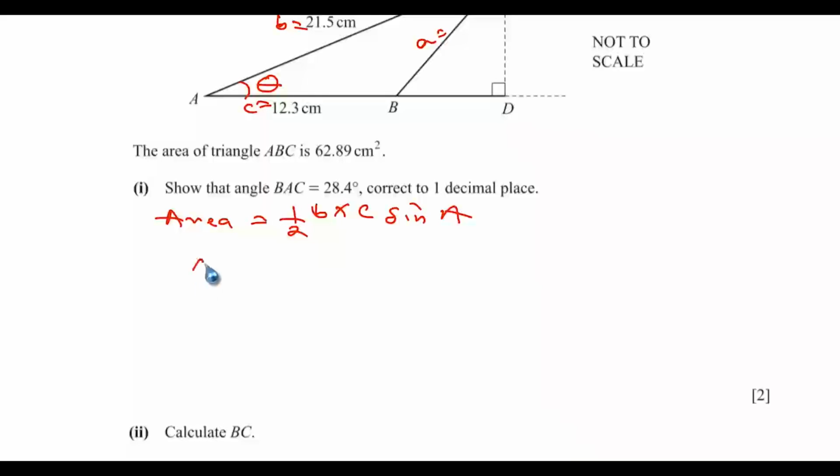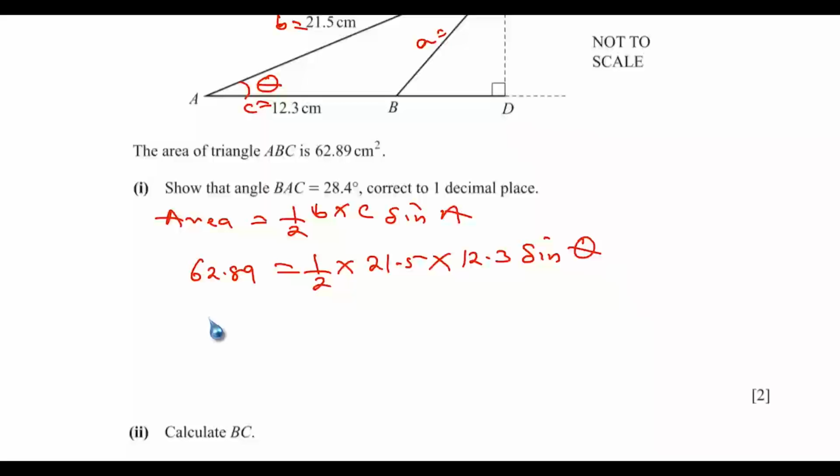The area is given as 62.89 centimeters squared. 1 half times the value of B, which is 21.5, multiplied by the value of C, which is 12.3, then sine A, which is theta.